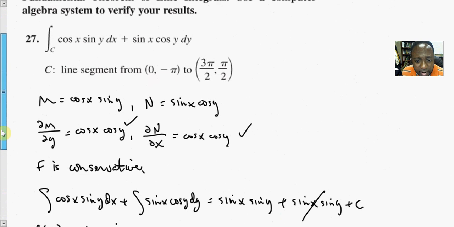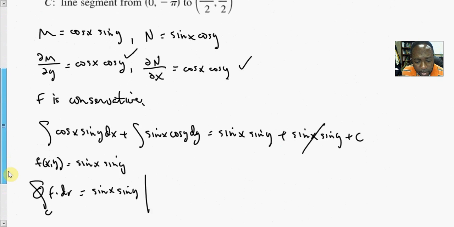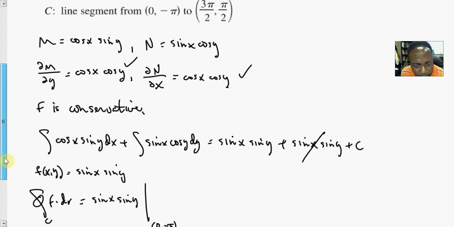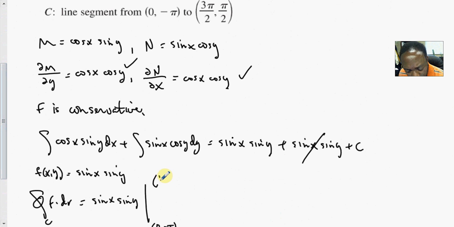Here we are evaluating from 0, negative pi to 3 pi over 2, pi over 2.